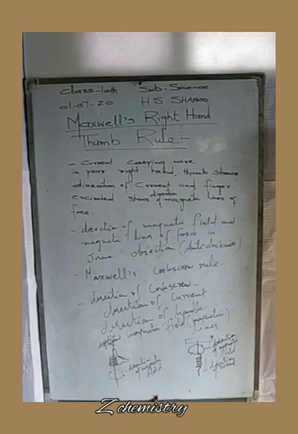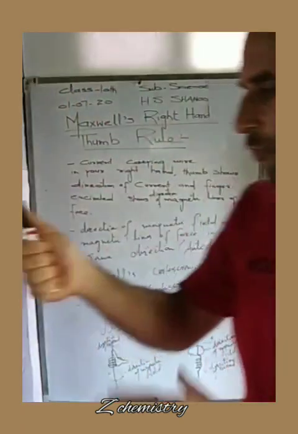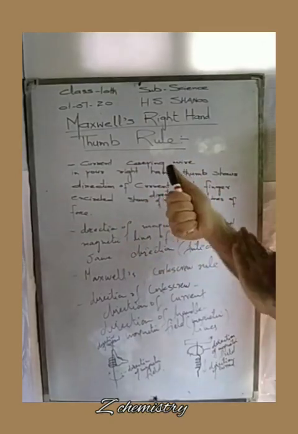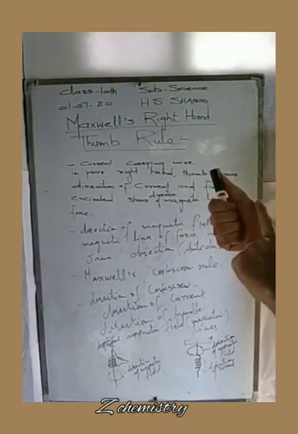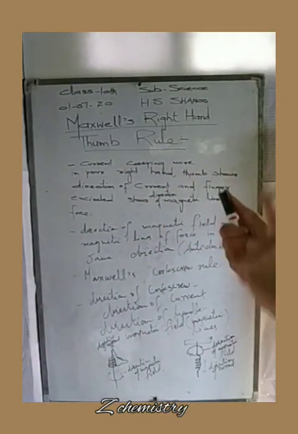These folded fingers show us the direction of the magnetic field, and they also show us the direction of the magnetic lines of force. Both are in the same direction.